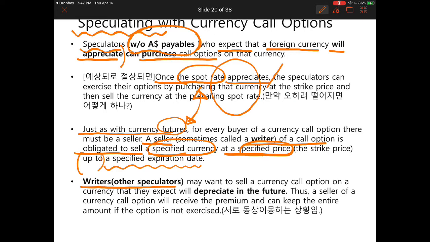Why does he want to sell a currency call option? Because he has the opposite expectation. He expects that the Austrian dollar will depreciate in the near future. That's why he decided to become a seller of the currency call option. And as it does, he can enjoy the premium, right? By selling the option, in return he will receive the premium.